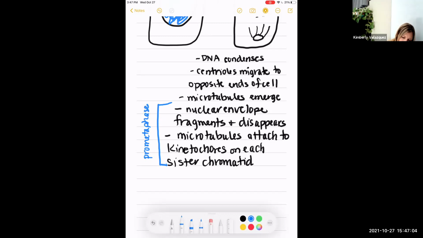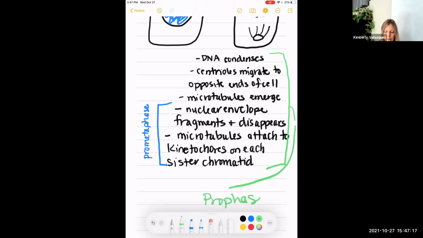But we're calling this all prophase. We're calling that all prophase. But if you need to know prometaphase for the future, when that nuclear envelope disappears is when you're in prometaphase.